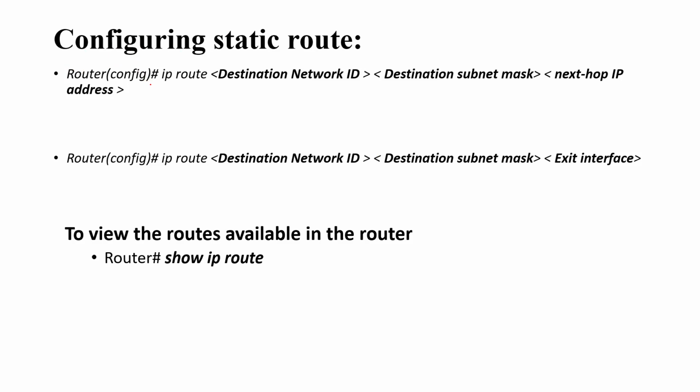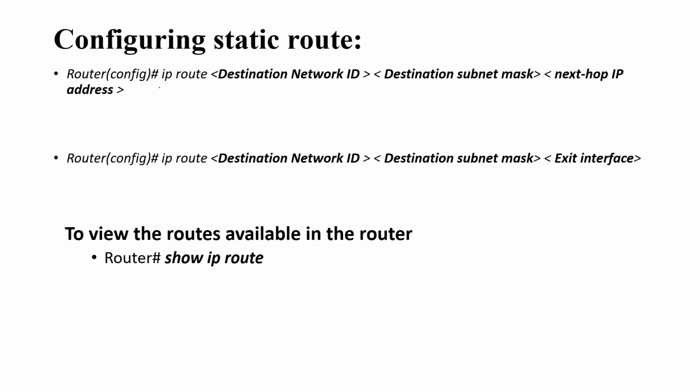If you want to configure anything, we need to come into global configuration mode, then only we can configure anything. We have enable mode, privilege mode, config, and then config terminal. This is the global configuration mode, we can say. So we came into global configuration mode.